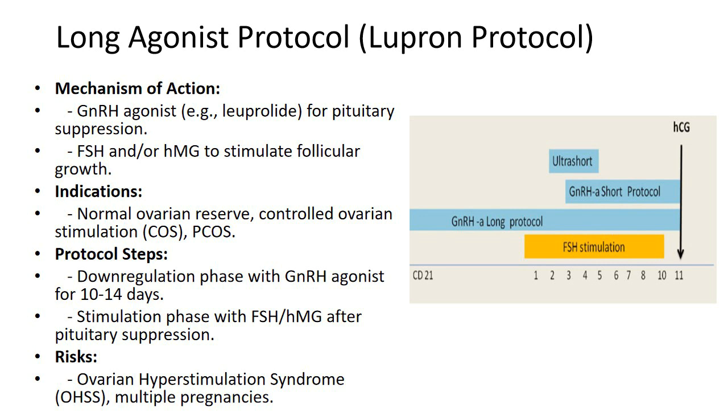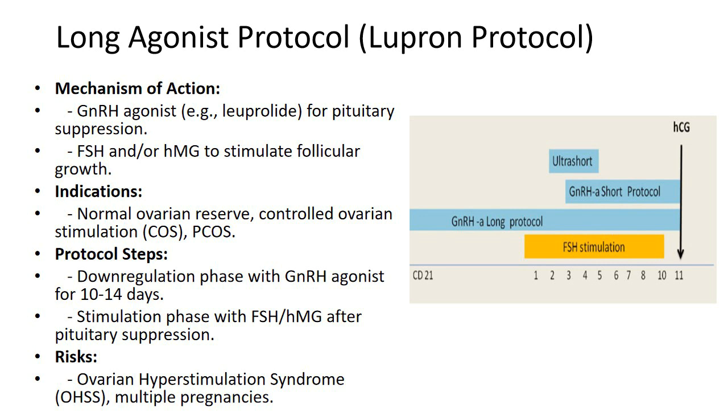Controlled ovarian stimulation, FSH or HMG, starts on cycle day 2 to 3 after confirming ovarian suppression. Dose 150 to 450 international units per day.